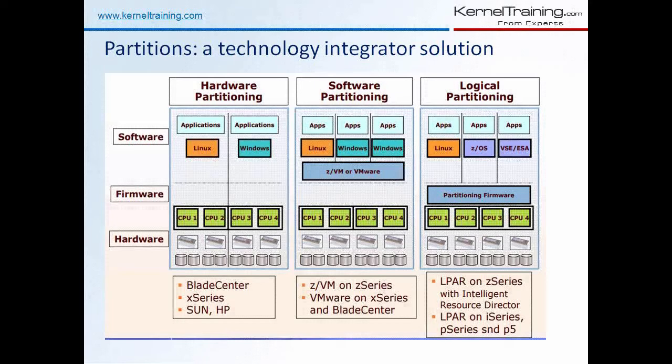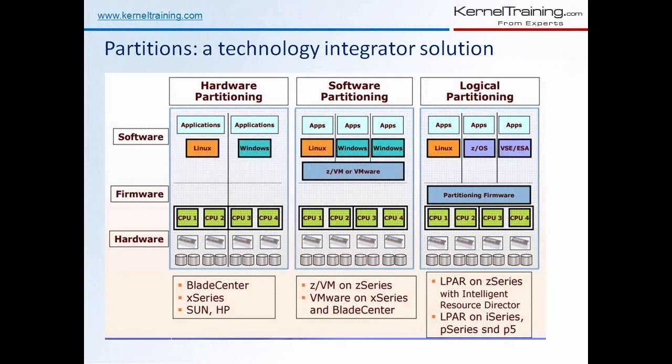The third type of hypervisor is partitioning firmware, the hardware-based hypervisor. What is a hardware-based hypervisor? It comes built into the hardware, in firmware chips. Using that hypervisor, you can create multiple virtual machines in the firmware chip.